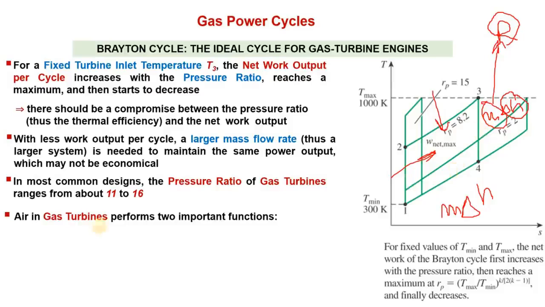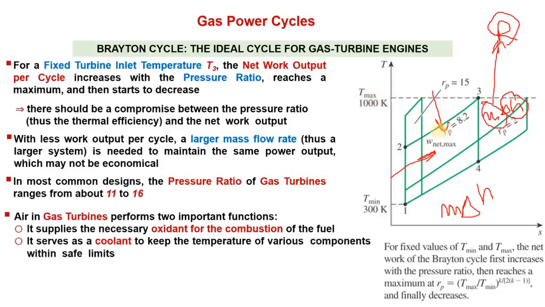Now air in gas turbines performs two important functions. One, it supplies of course the necessary oxygen or oxidant for the combustion of the fuel during process 2 to 3. There is also a second purpose, because we have seen that this temperature is very high compared to a steam power cycle, about 1000 or above 1000 degrees Celsius, right?